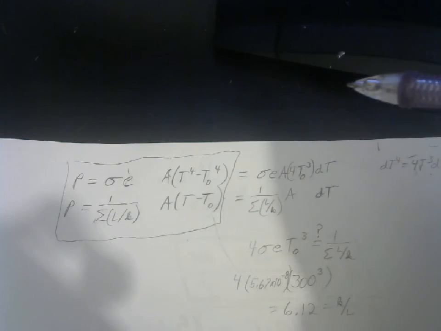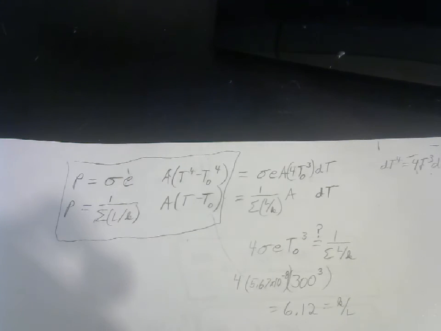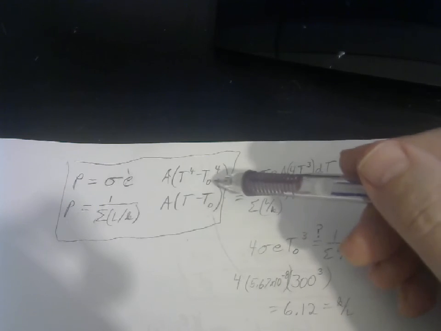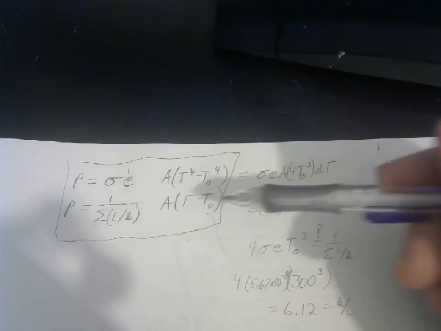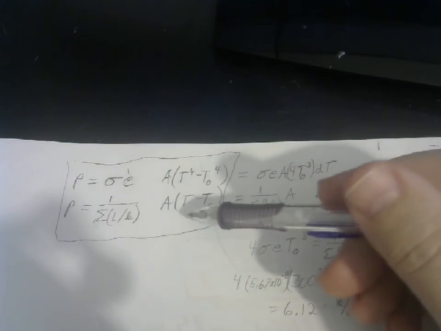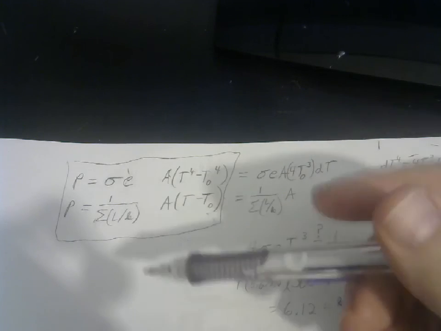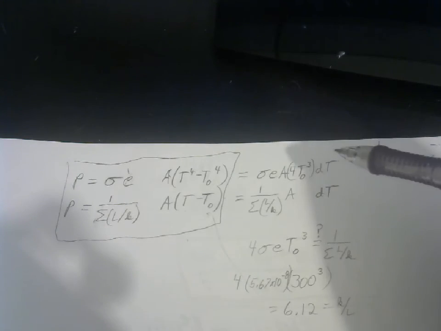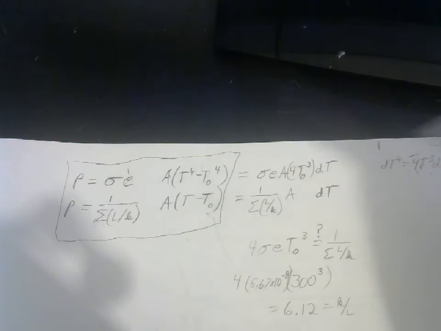And I haven't quite worked out any resolution between the two, since this one involves a difference in temperature to the fourth power, and this one involves only a temperature difference to the first power. But under different situations, it should probably be clear in our text which one of these we should use.